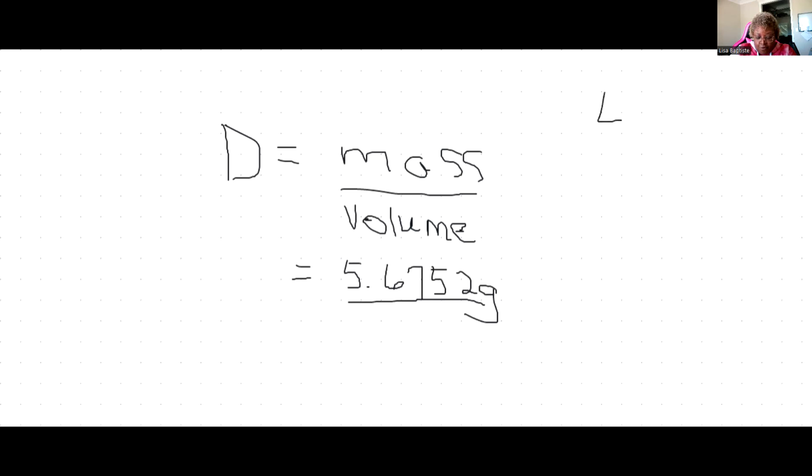So we had 4.83 milliliters once we poured our metal one into our graduated cylinder. And then we're going to subtract the 4.33 that we had of just the water by itself before we added metal one.